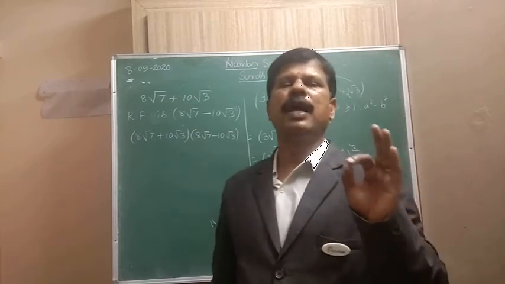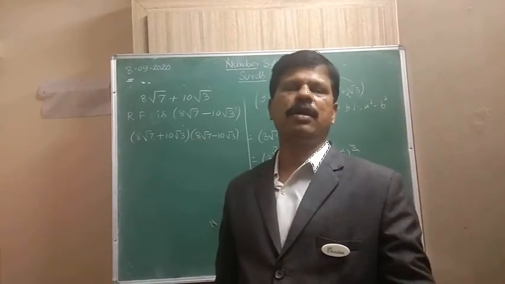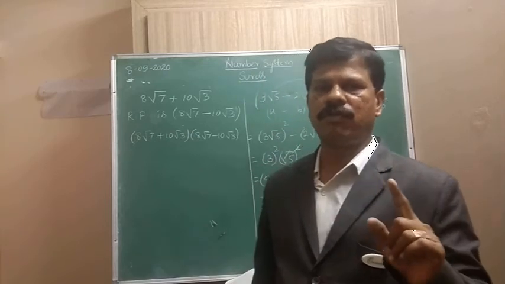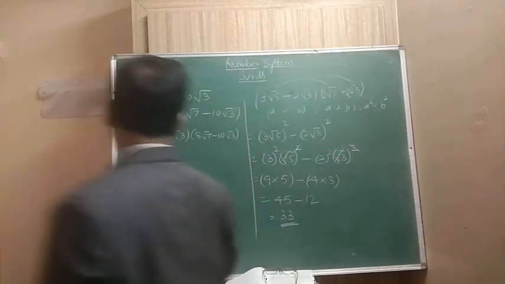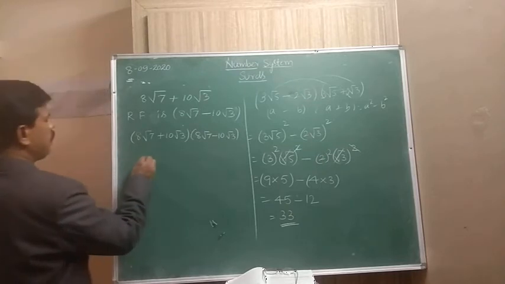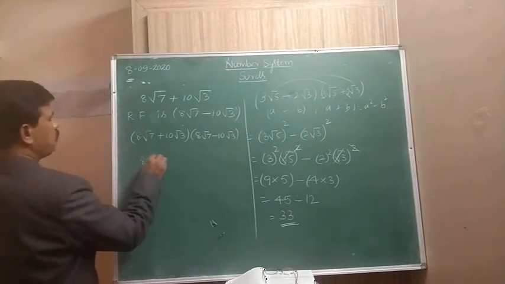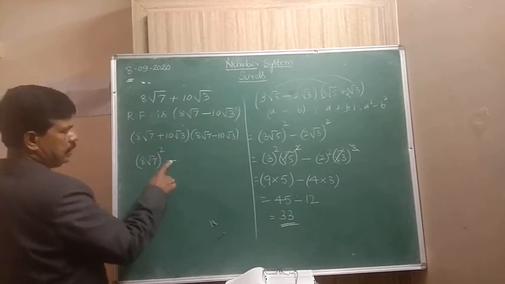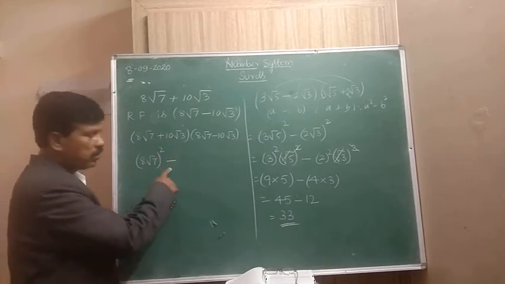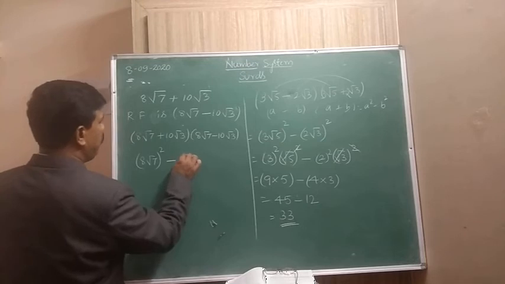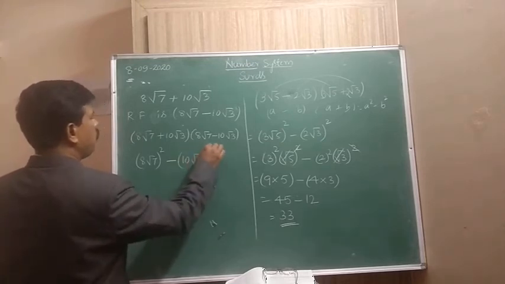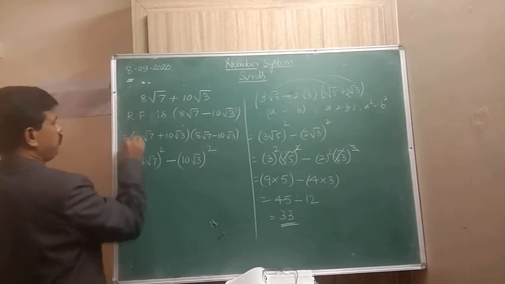Remember that. And you should write the denominator always in the form of a square minus b square. Clear? Now here, you can write it as 8 root 7 whole square minus, and here it is very important, you should write minus only, then 10 root 3 whole square.